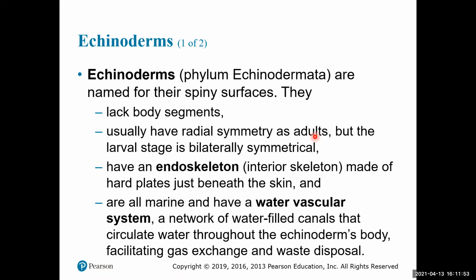We talked about the second group of protostomes, which are the ecdysozoans. And then now, in our next and final video, we're going to talk about the deuterostomes, which are the echinoderms and the chordates. And the chordates are the vertebrates. So a lot of the animals that you're probably more familiar with.